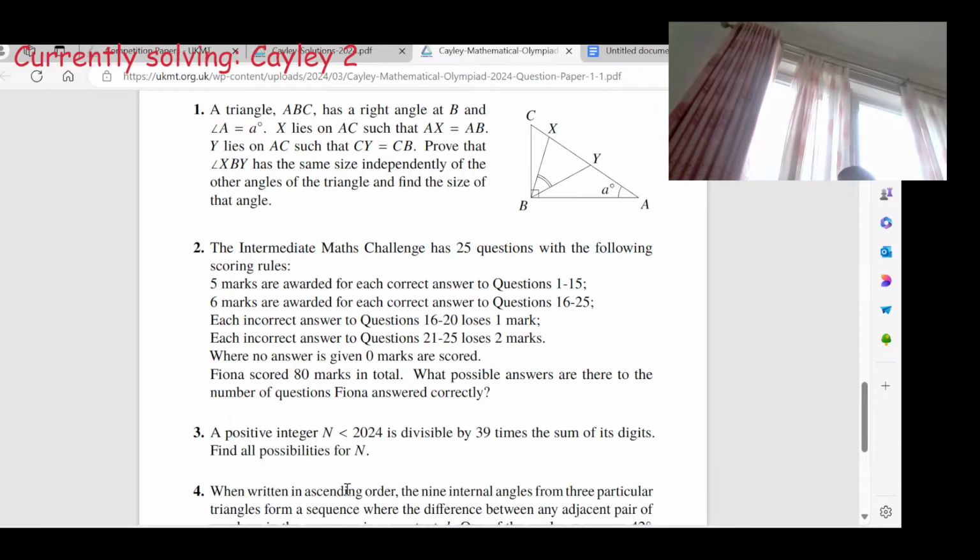What does that put us on? 87. Do minus 1 and minus 2 3 times. So we can do 17 is definitely possible if we just minus the marks.